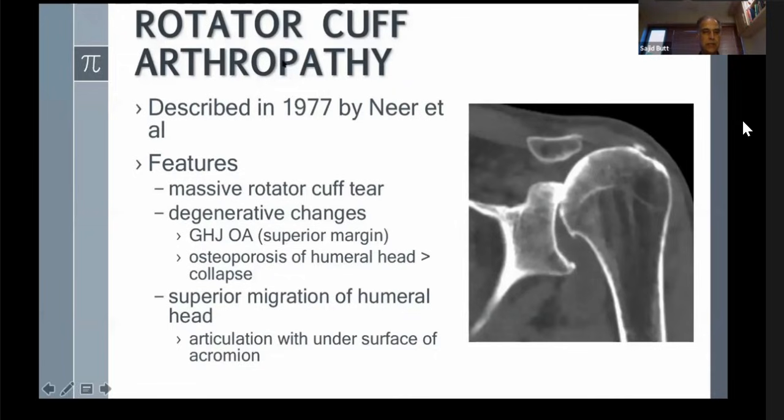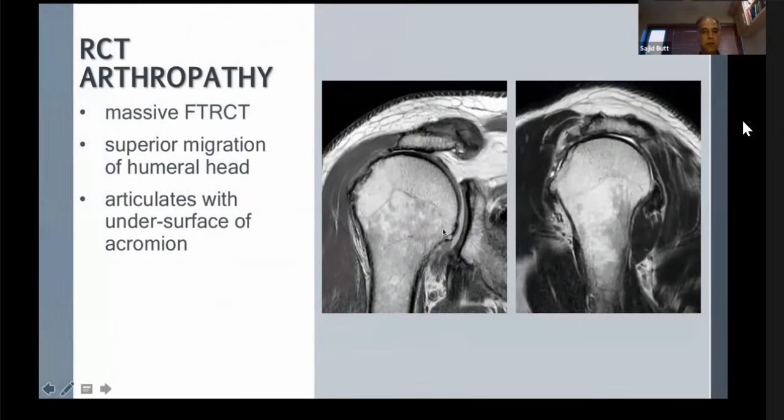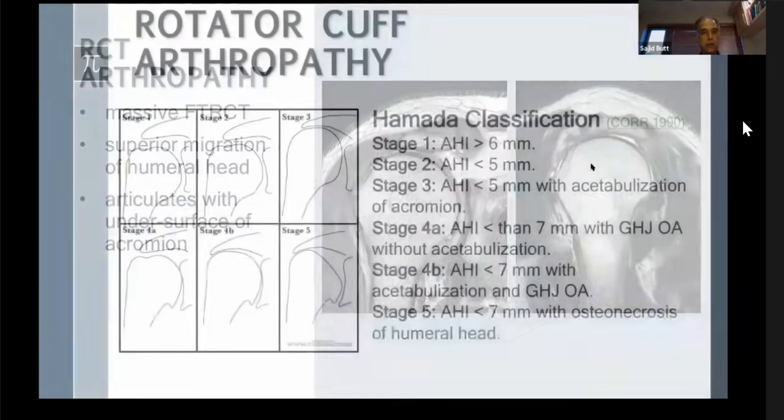So that's the rotator cuff related glenohumeral joint arthropathy. These can be seen in patients who have got massive full thickness tears of rotator cuff. Notice that there is absolutely no space present between the acromion and the humerus. Complete space is gone. Humeral head is actually articulating with the acromion, and that's what happens.